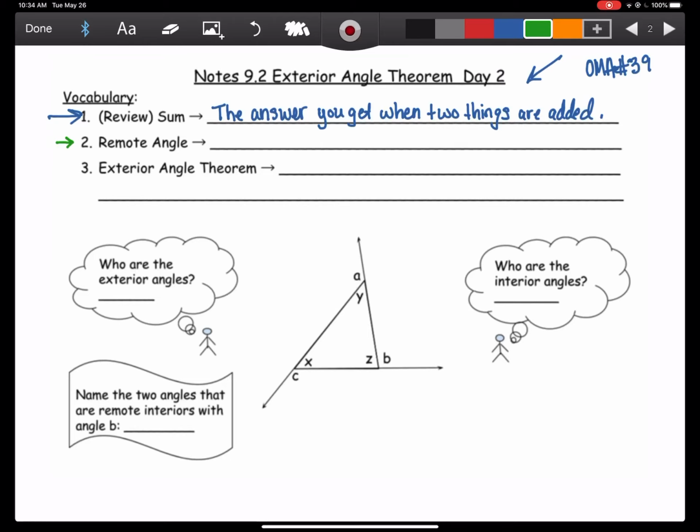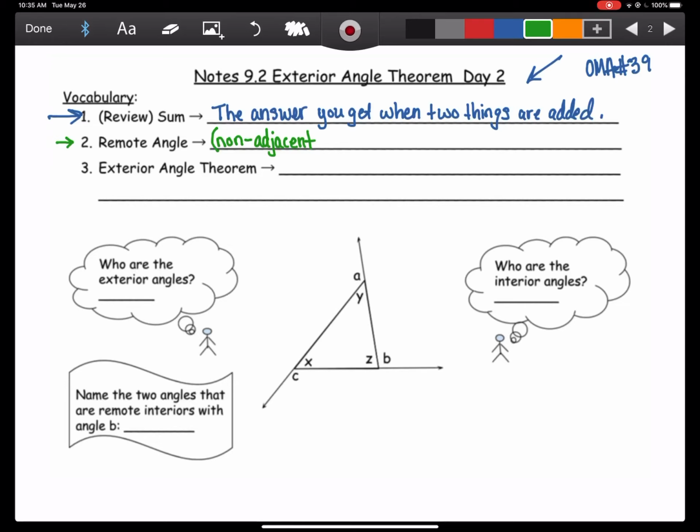Remote angle. Okay, any angle is remote if it's not next to. So the first thing I'm going to say is non-adjacent. I've heard people refer to it like that. But that doesn't help us if you can't remember what adjacent means. So remember back in the last set of notes last week, we talked about the word adjacent meaning next to.